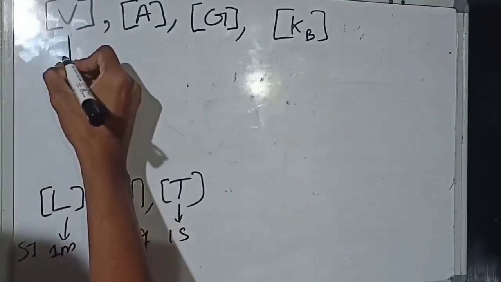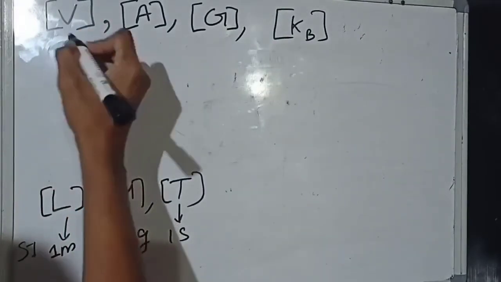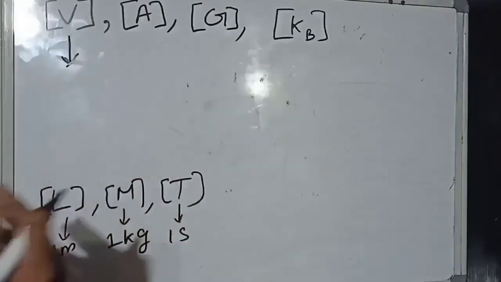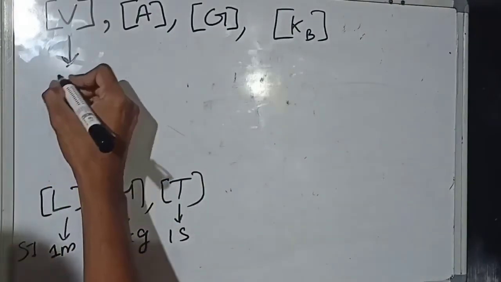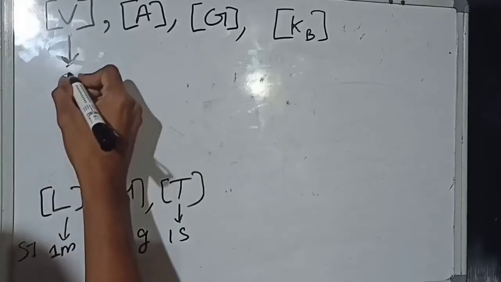For velocity in Planck's units, the one unit of the velocity in Planck's natural dimensions is c, the velocity of light.